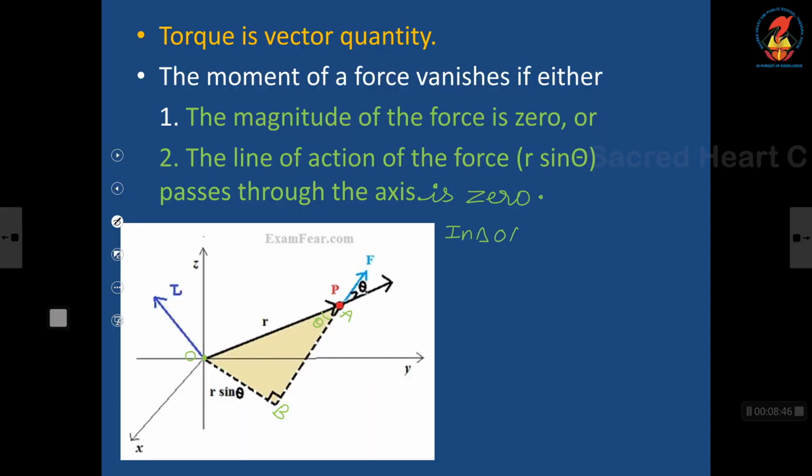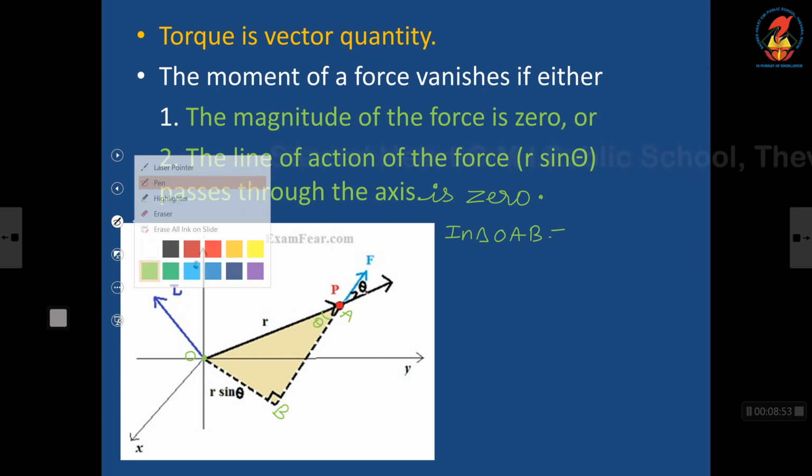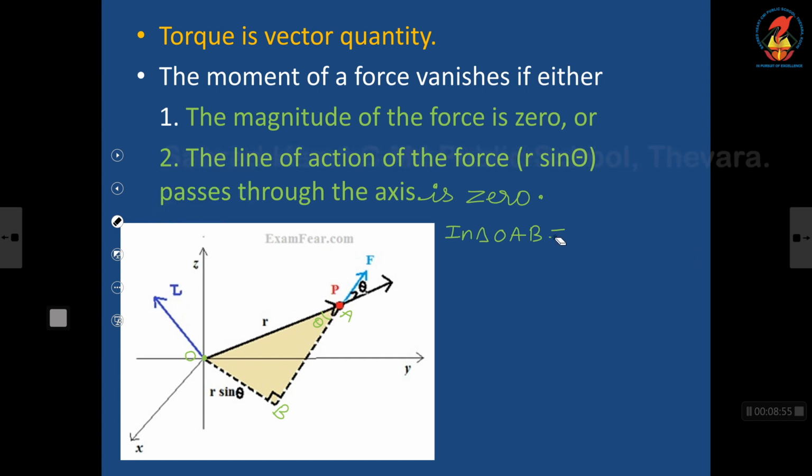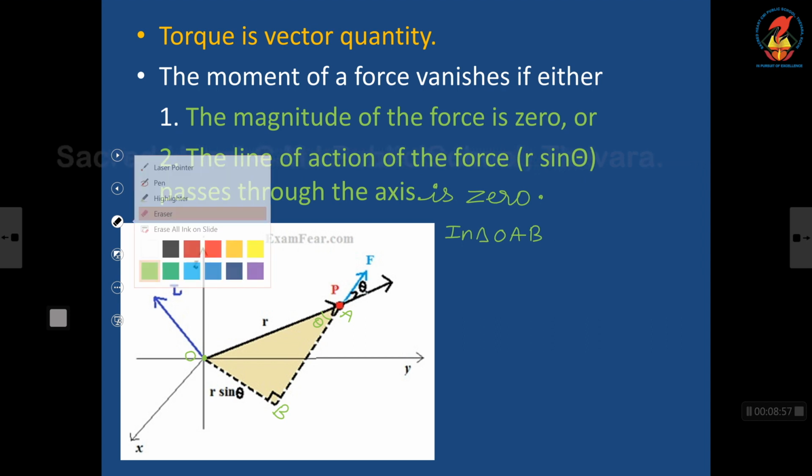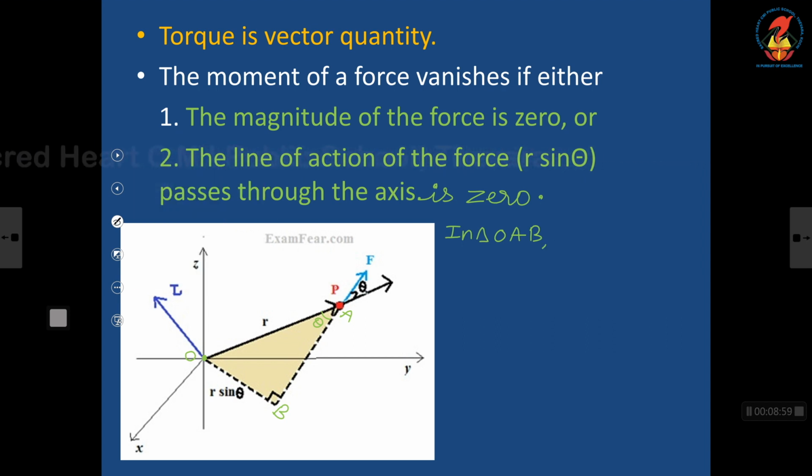In triangle OAB, what is sin theta? Sin theta is opposite side by hypotenuse.